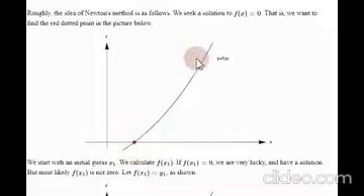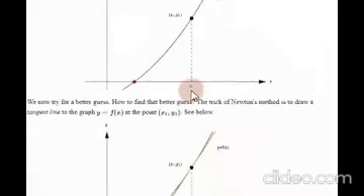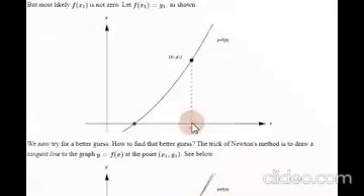We start off from any point, let's say from here. This is our x naught or P naught, the initial point.